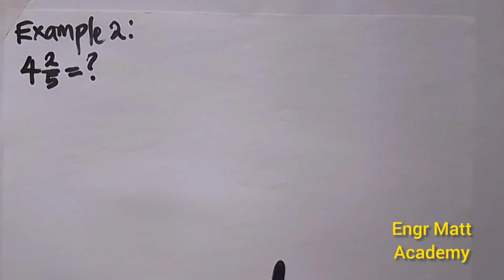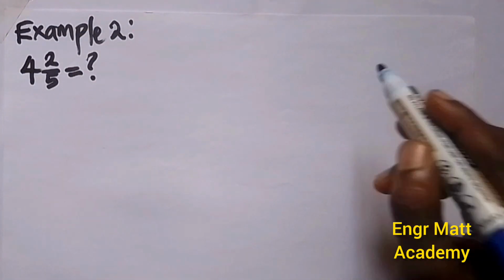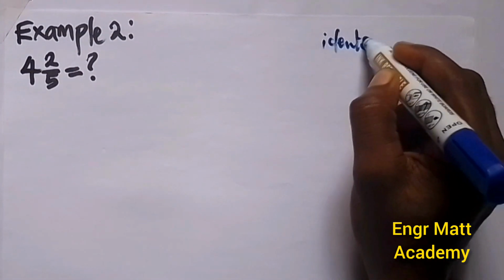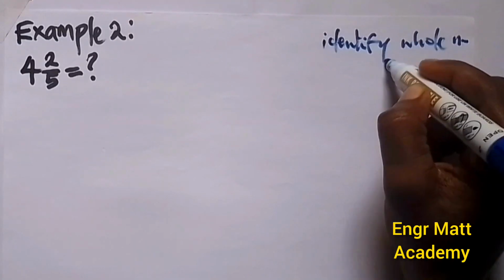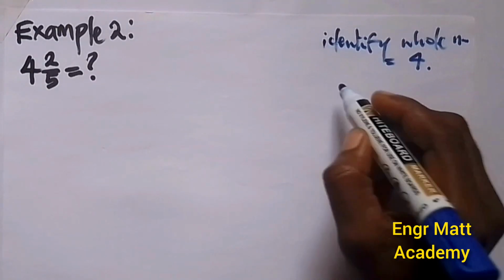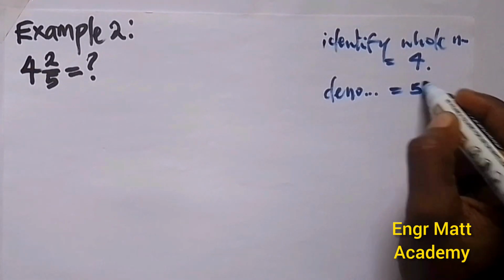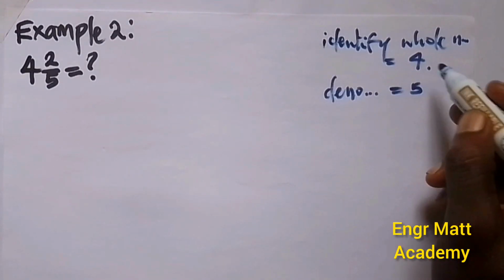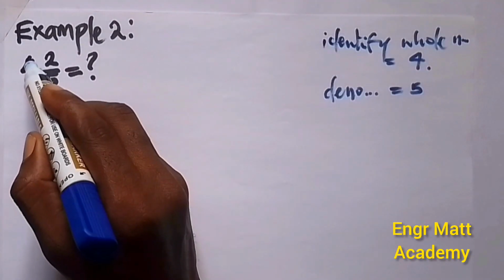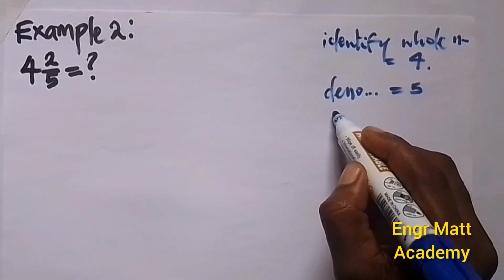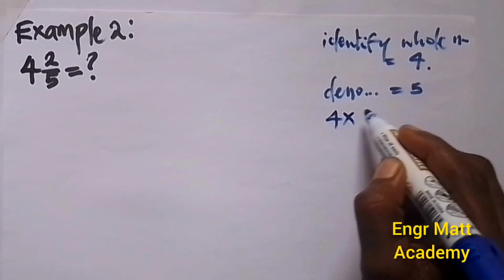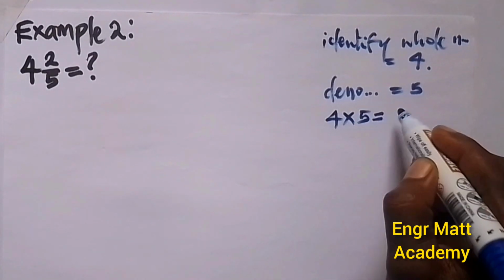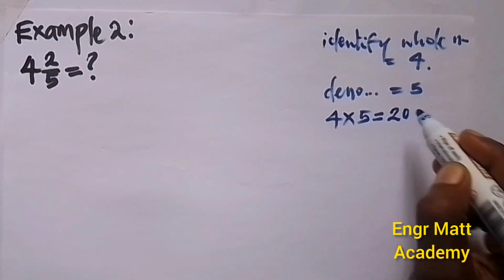In this example, we have a similar problem. Remember the rule. First, identify the whole number, which is 4. The denominator is 5. So what do we do? Multiply the whole number by the denominator. That gives me 4 times 5, and I will get 20.